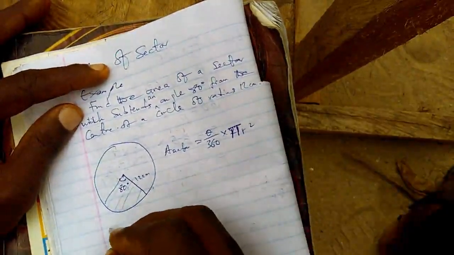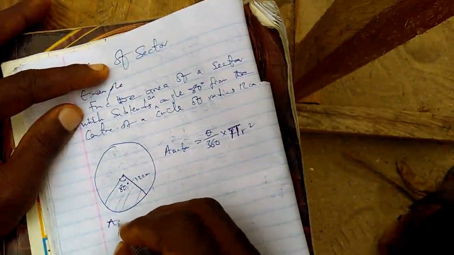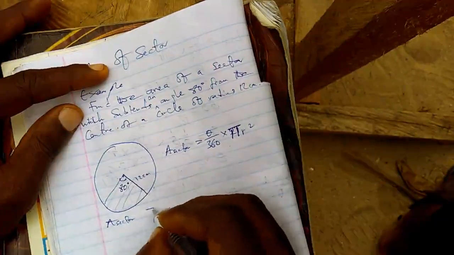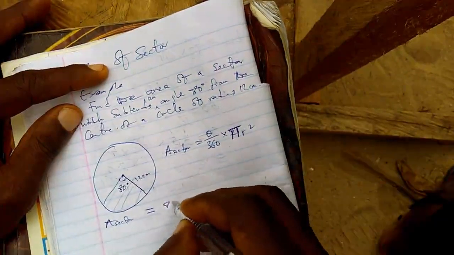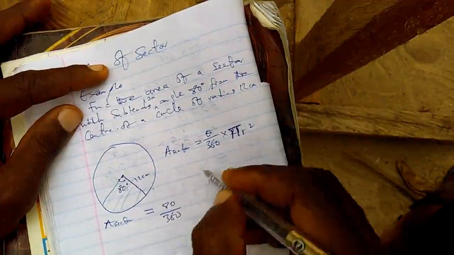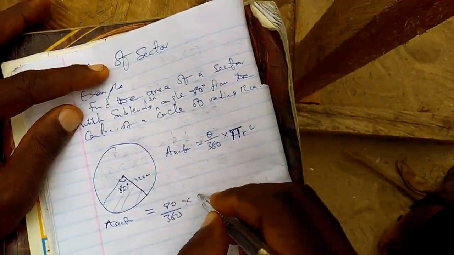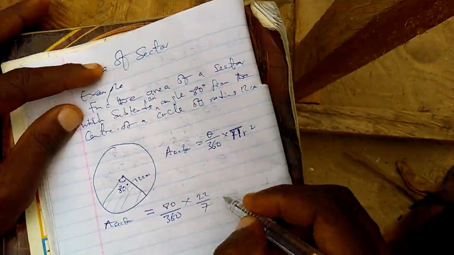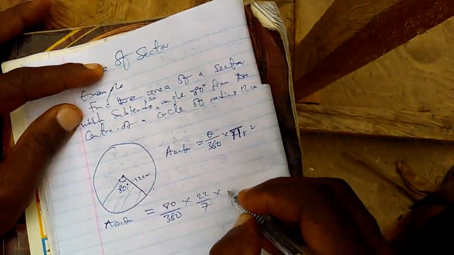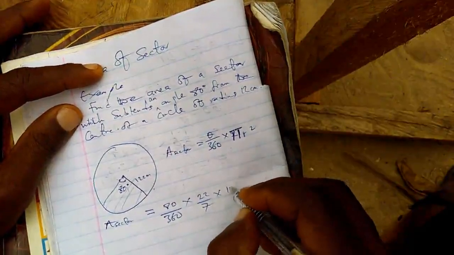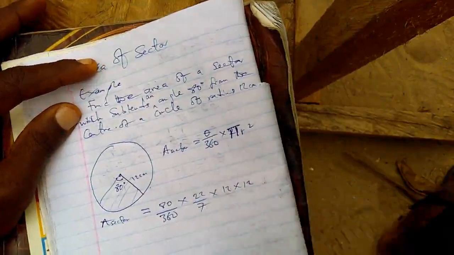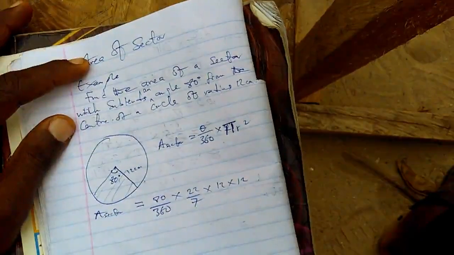Now for this particular question, area of that sector equals 80 over 360 times pi, that's 22 over 7, times r squared, radius times radius.